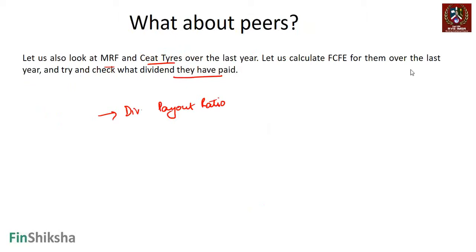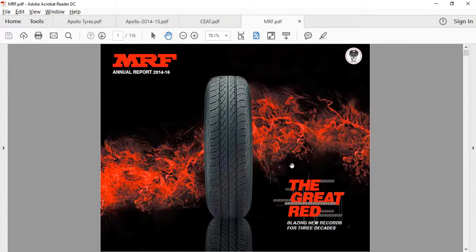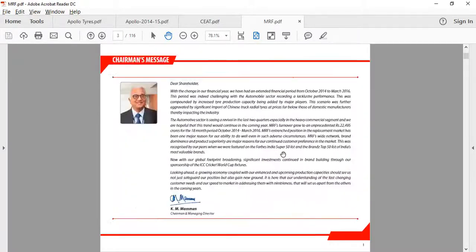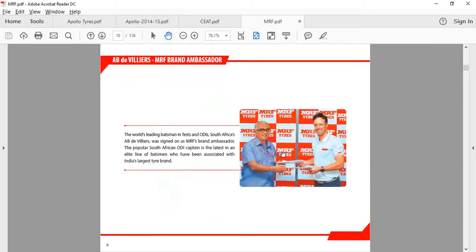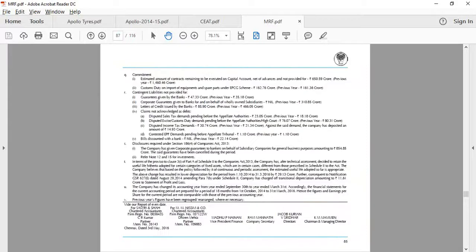We will go back to our Excel file and start working with MRF first and then put in the numbers for CEAT. So that's our Excel file, and we're going to look at, let's say, MRF tires as the first data point. Let's try and identify if we can reach the financial statements directly.